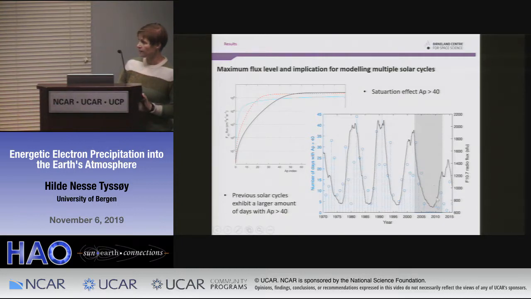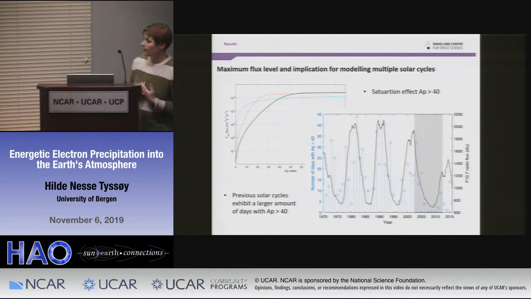And it's not that many days, although we saw the effect in the data as a plateau. It's still not that many days, because when we go back to previous solar cycles, we can reach more than 40 days where you get the saturation effect.